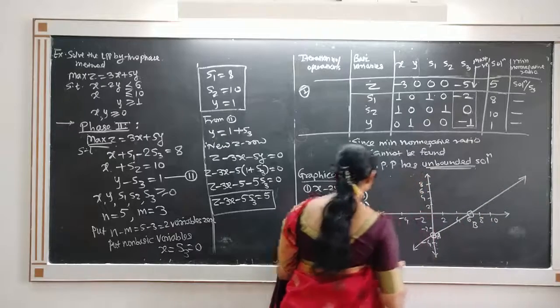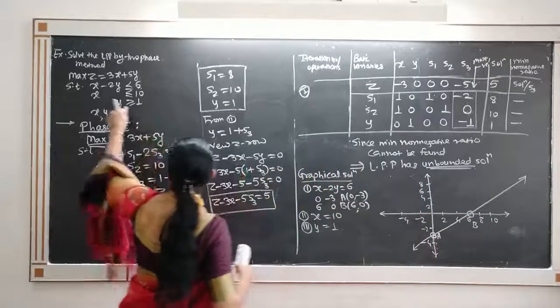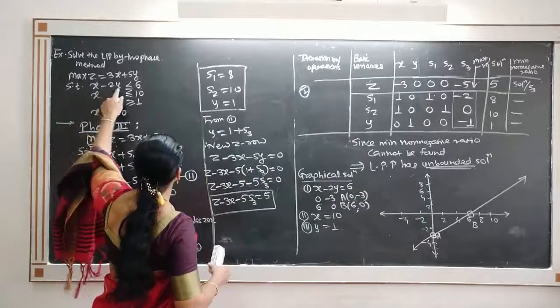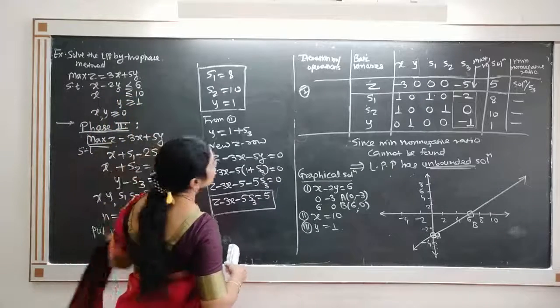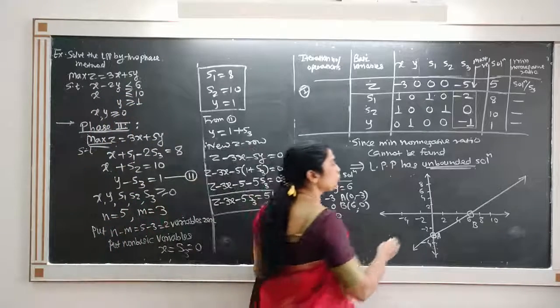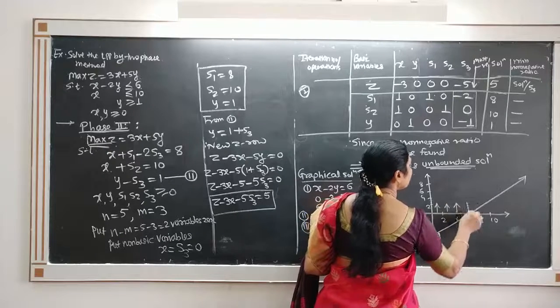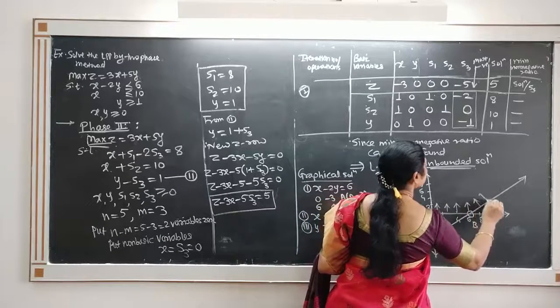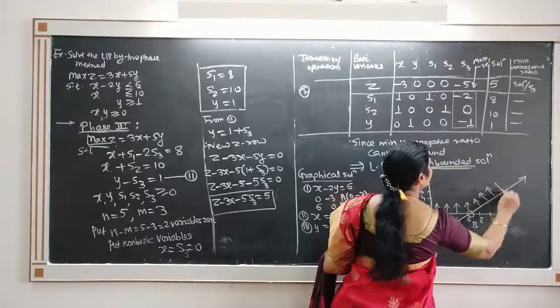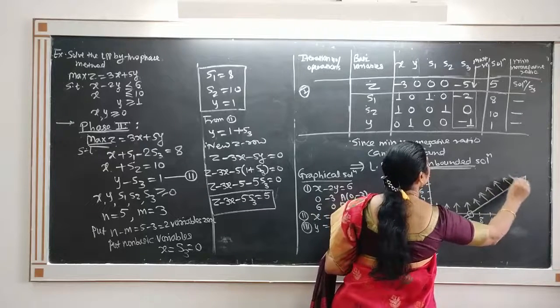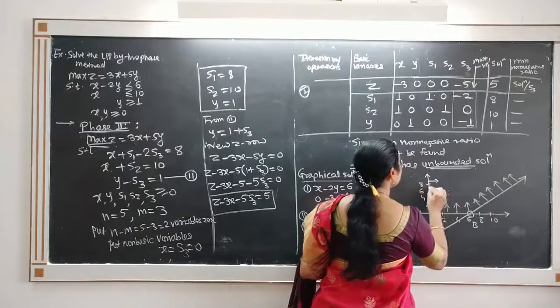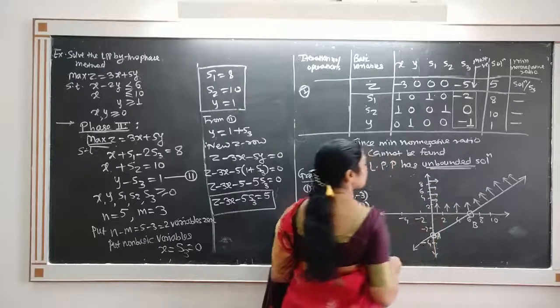Which region is required? If you put (0, 0), 0 is less than 6, the inequality is satisfied, so we want the origin side, and therefore we require this region which contains the origin.